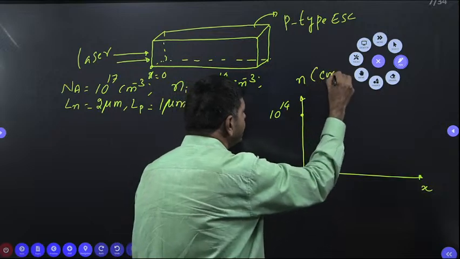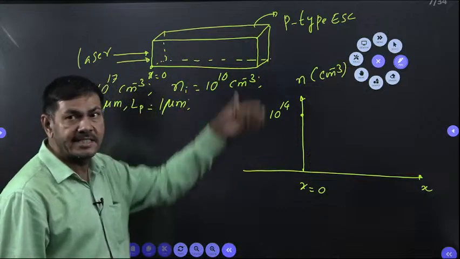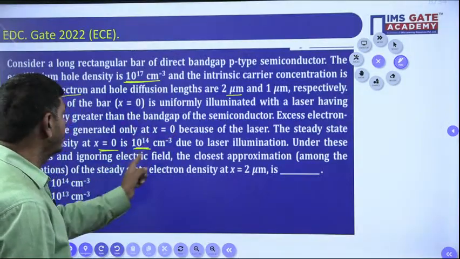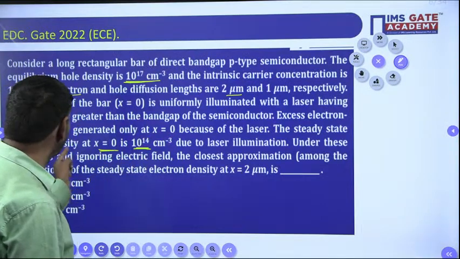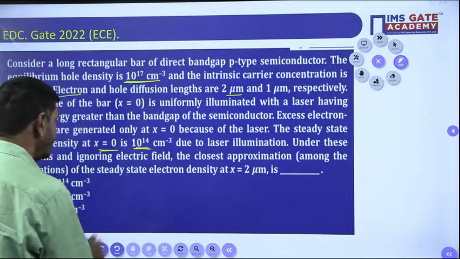What concentration is existing at x equal to 0? Clearly watch. At x equal to 0, 10 power 14 per cm cube is the steady state electron density only, not hole density, electron density in the p-type.